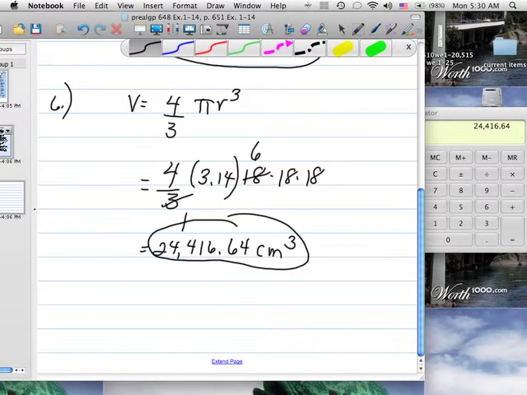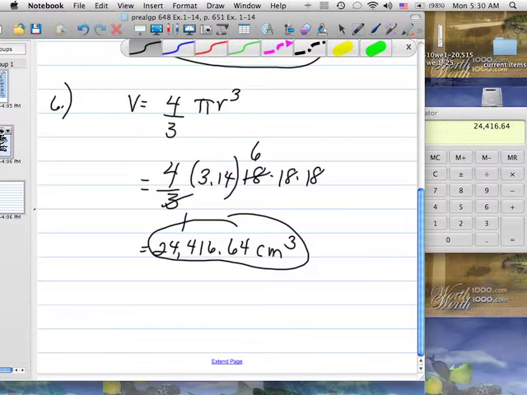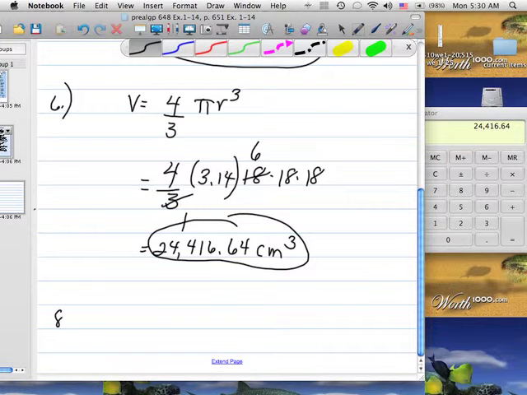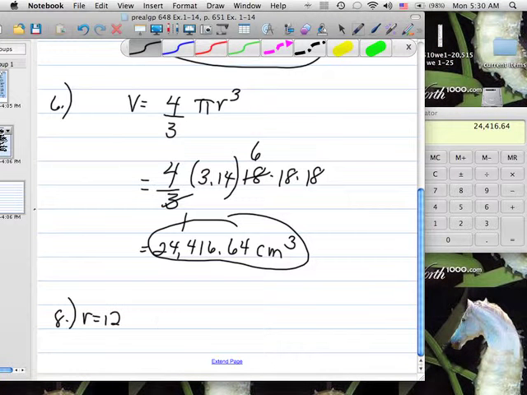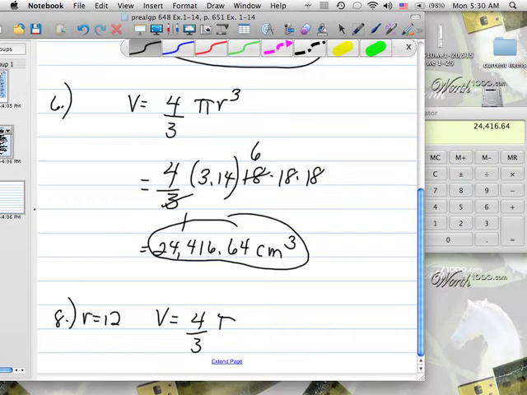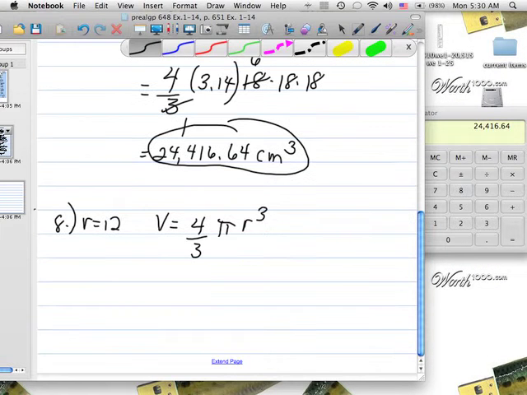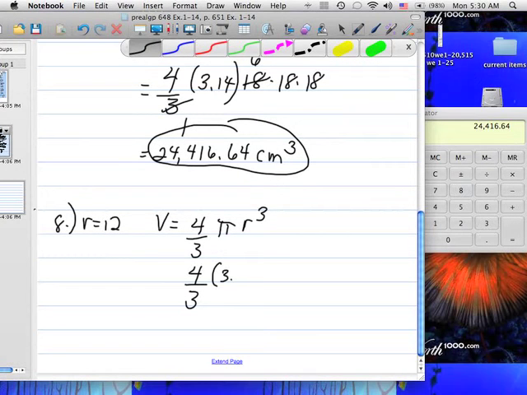Number 8, it says the radius of a basketball is 12 inches. Find the volume. So the radius is 12. Volume of a basketball is 4/3 pi r cubed. 12 is not divisible by 7, so we'll use 3.14.